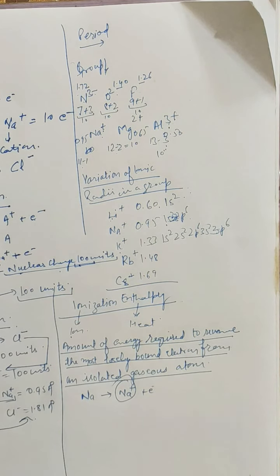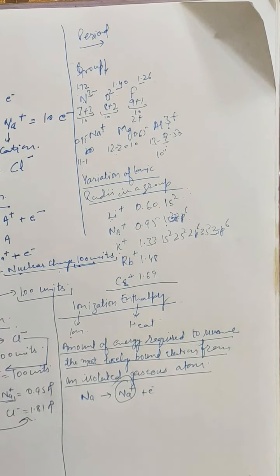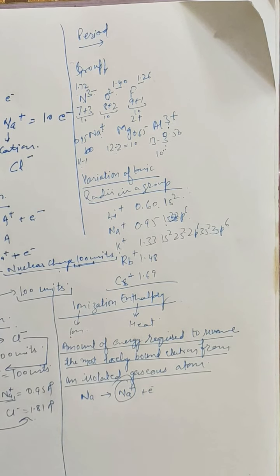Thus the ionization enthalpy gives the ease with which an electron can be removed from an atom. So evidently, the smaller the value of ionization enthalpy, the easier it is to remove the electron from the atom.